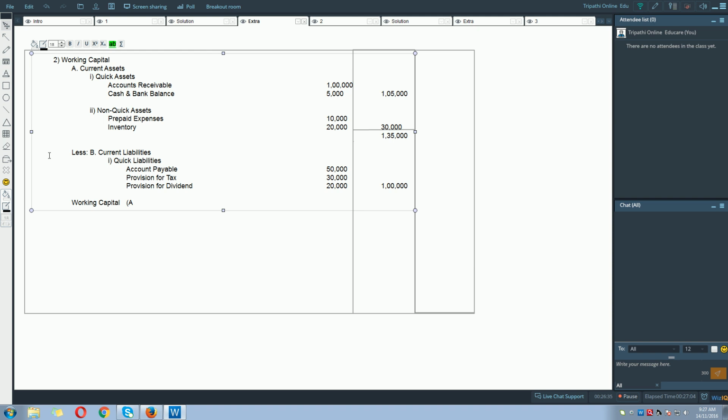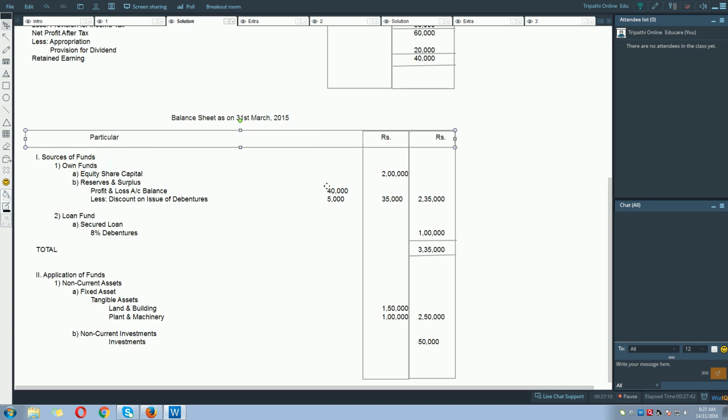So our total current liability, because we don't have non-quick liability, will be 1 lakh. So if you subtract this, you will get working capital. So our working capital is A minus B. So it is 35,000.